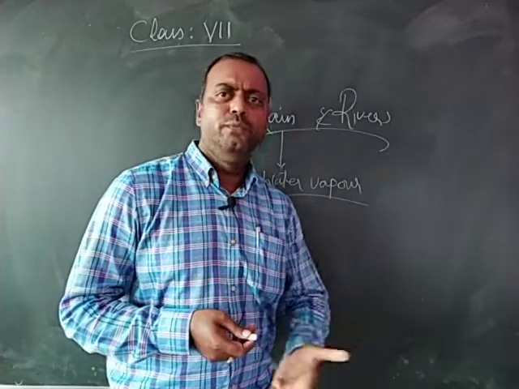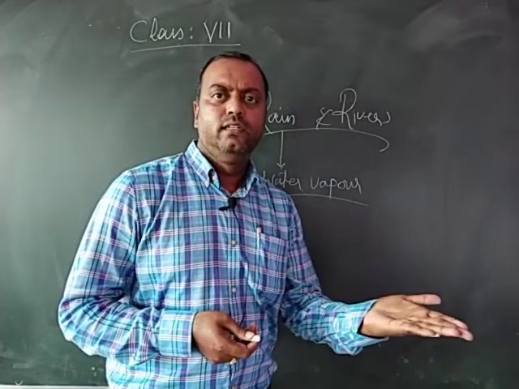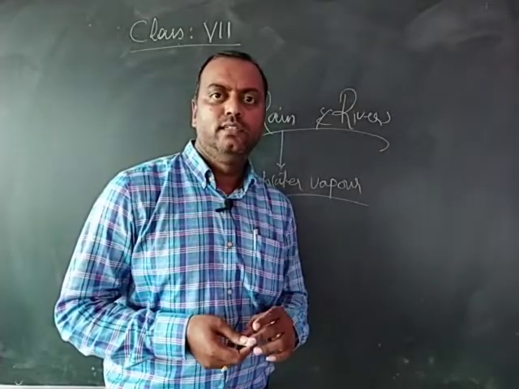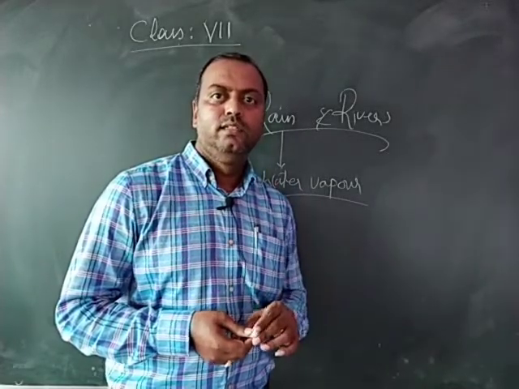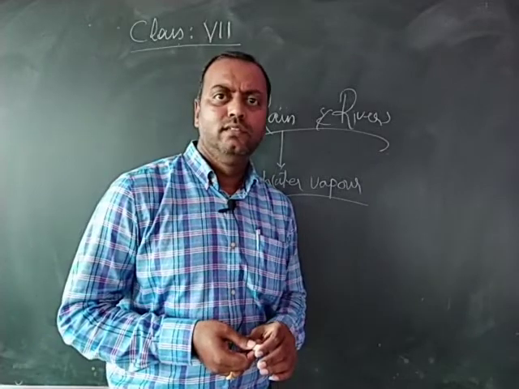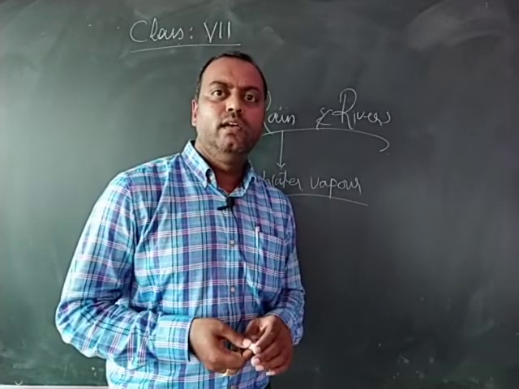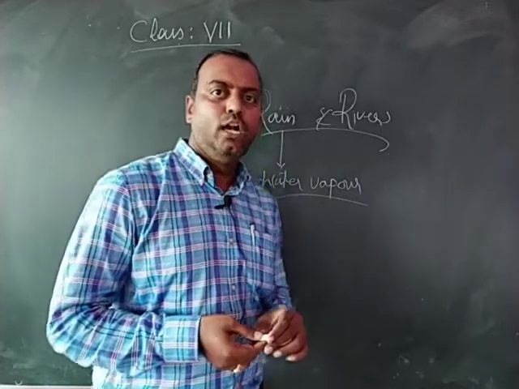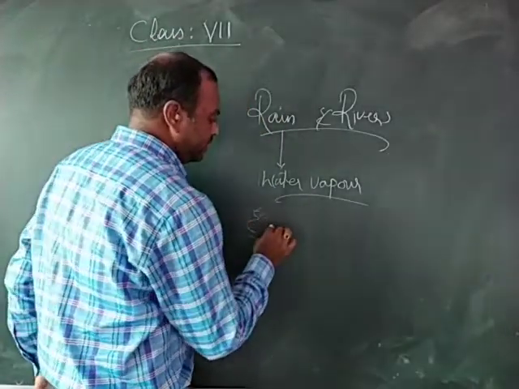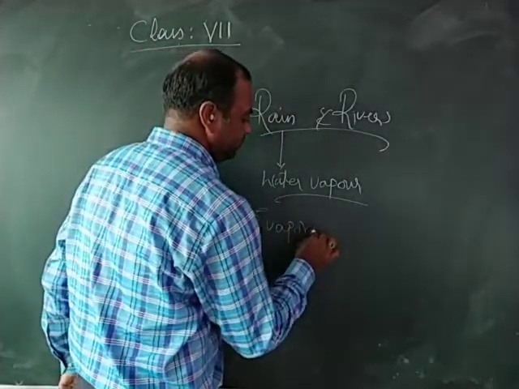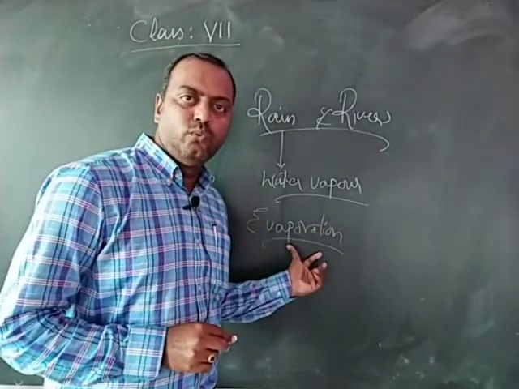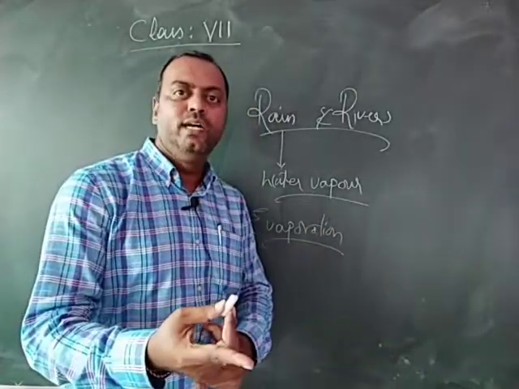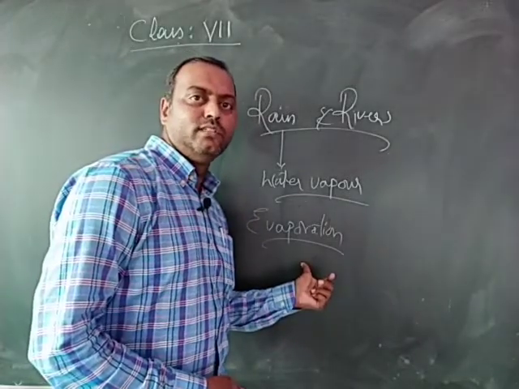Or similarly, if you put a plate with water outside, after a few days the water disappears from the plate. Then how did this happen? It happened with a process called evaporation. The process through which the water turns into vapor is called evaporation.